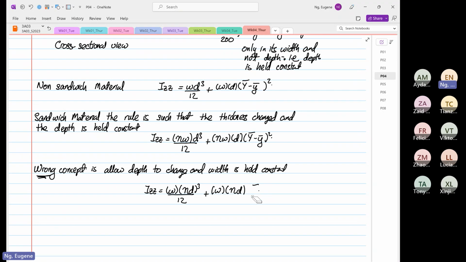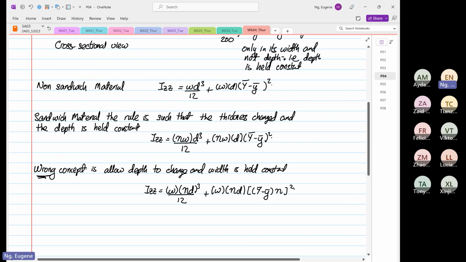So probably there's another compensator for the centroid. It has to be like that, and there's a N over here, squared.